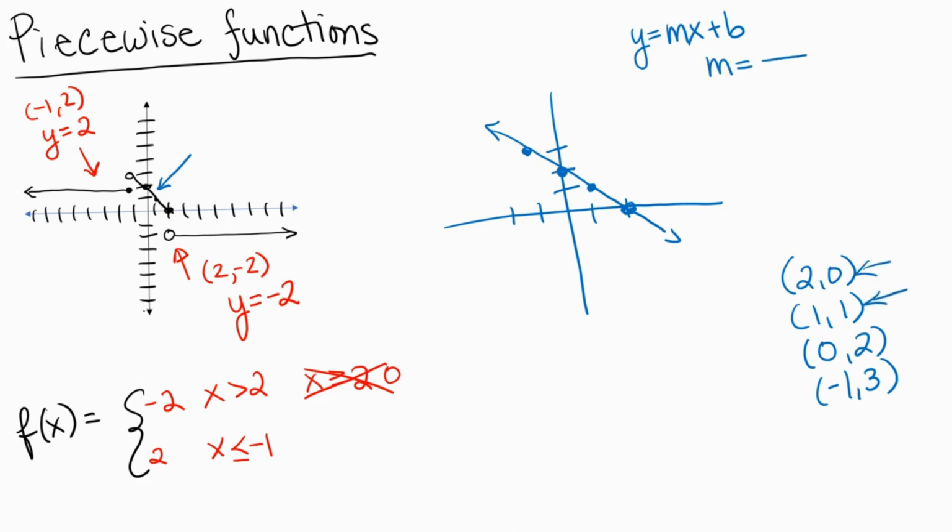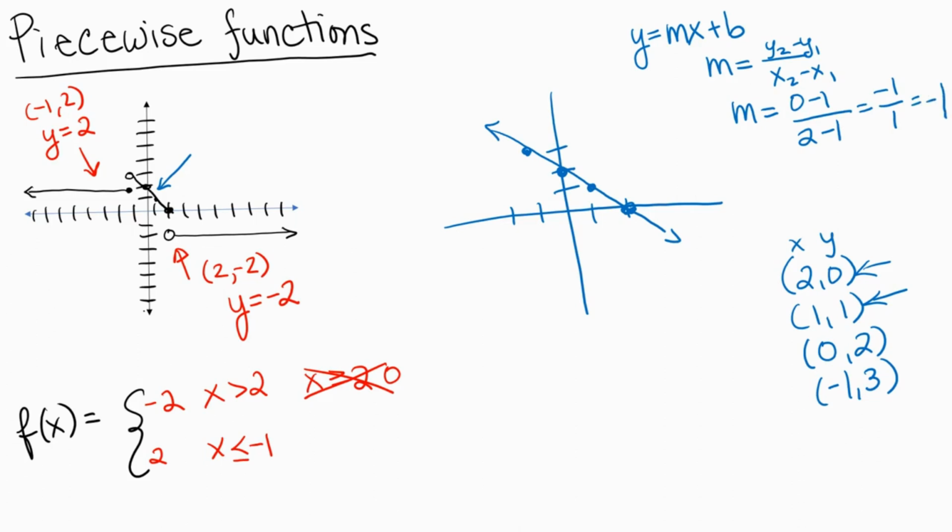And so we're going to do y2 minus y1 over x2 minus x1. So we're going to do 0 minus 1 over 2 minus 1. What that gets us is -1 on top and +1 on the bottom. So our slope is -1.